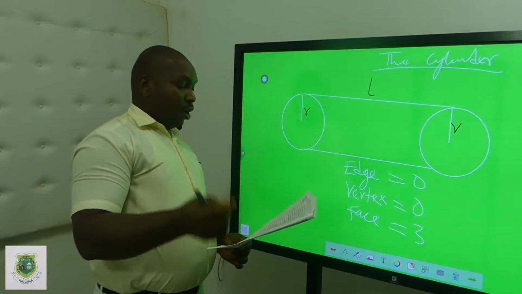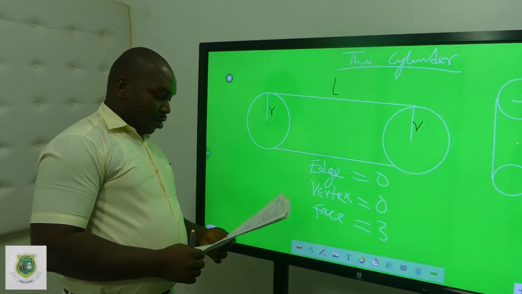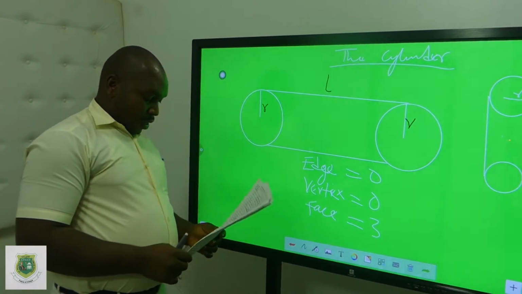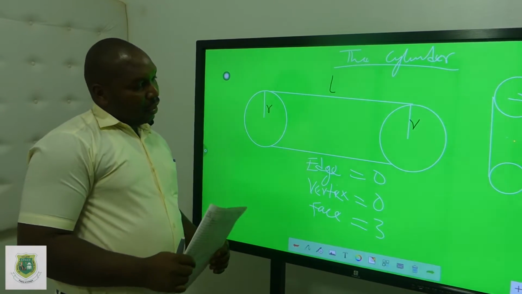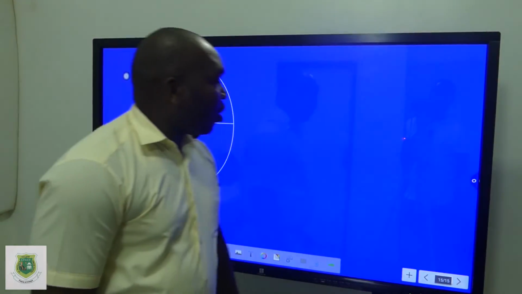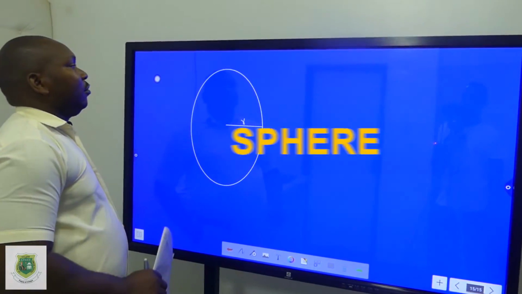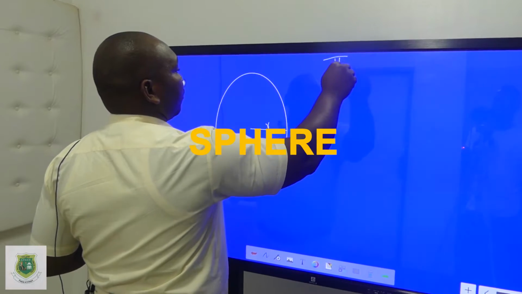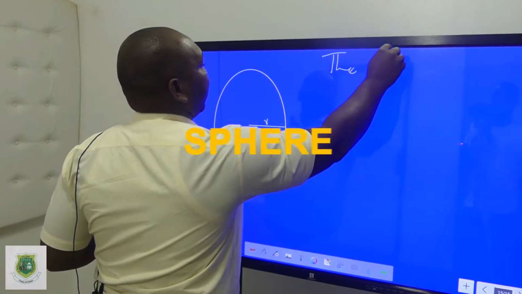As you go on in mathematics, you will know more about how to deal with cylinders. The last but not the least shape we are going to discuss is the sphere.